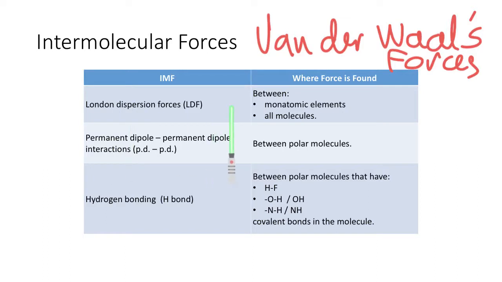London dispersion forces will be between all monatomic elements and all molecules. They're always there in the background. But when we have polar molecules, we have another two possibilities: permanent dipole interactions, or hydrogen bonding. And we're going to take a quick look at how these three intermolecular forces arise.